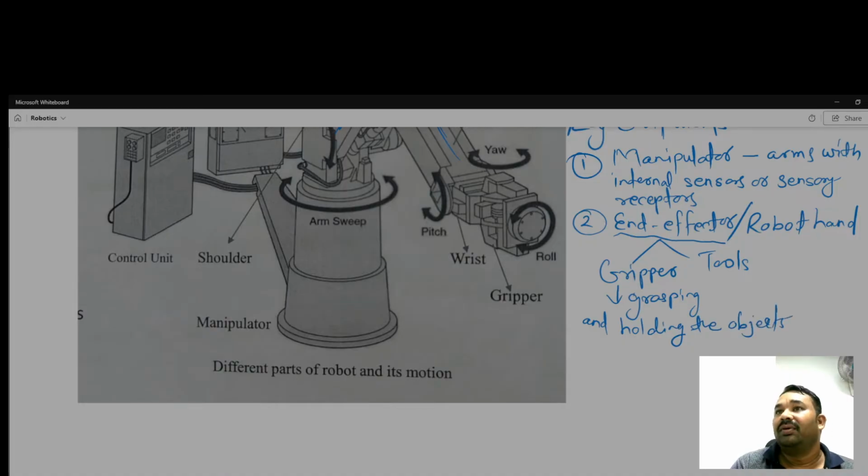What about tools? Suppose you are going to do welding with the help of robots, so the welding torch. Suppose a robot is doing surgery, so needles.